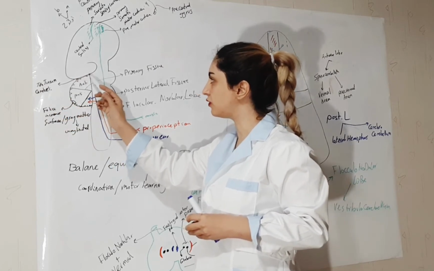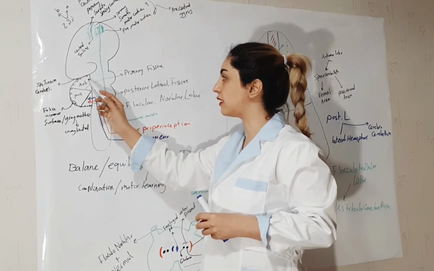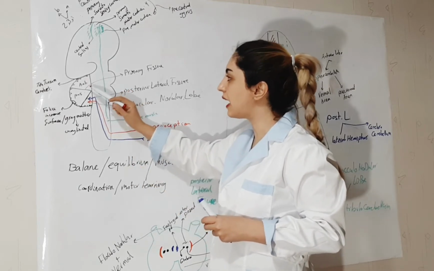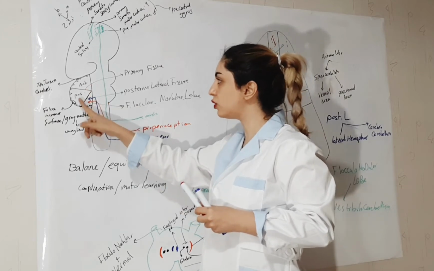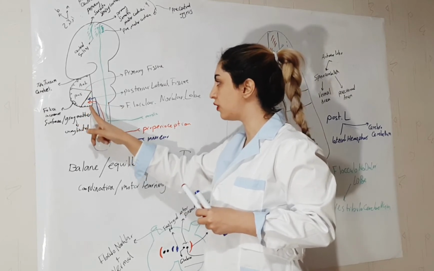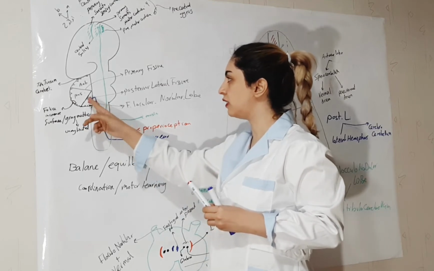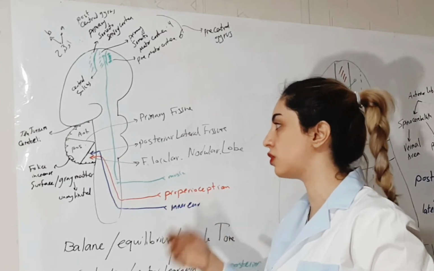It is the part which separates the cerebral cortex from the cerebellum. The cerebellum has 3 different lobes: the anterior lobe, the posterior lobe, and also the flocculonodular lobe, and in each part there are different nuclei located.